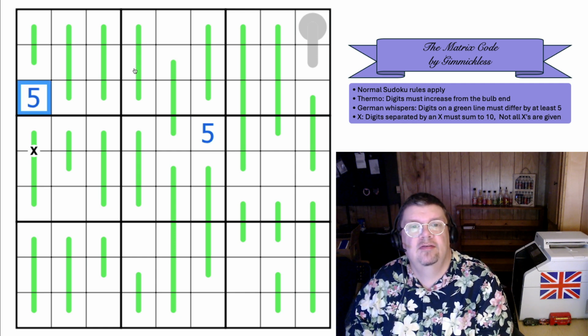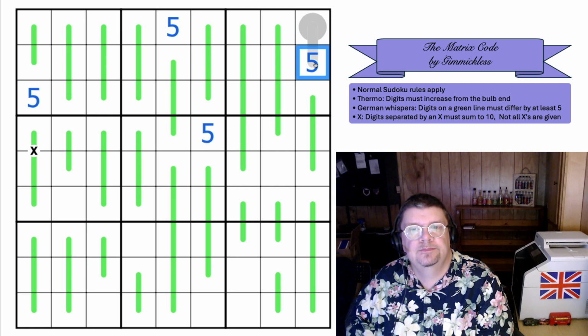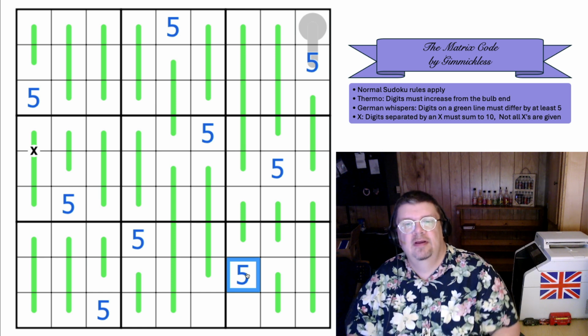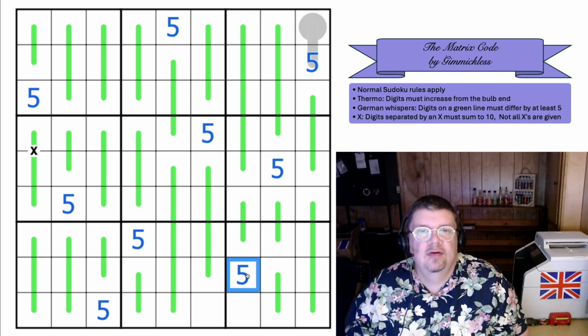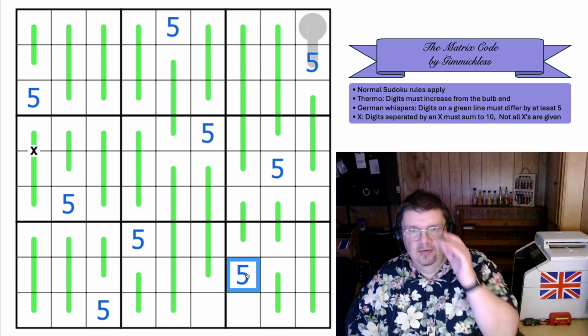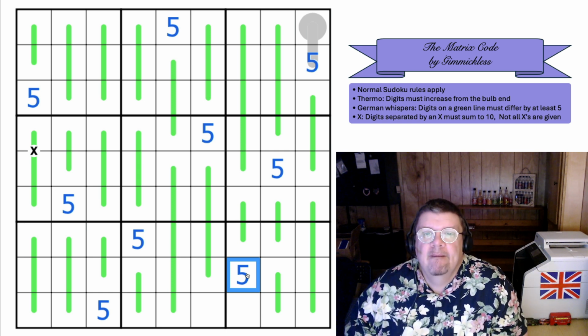In this box, that's a 5. That's a 5. In this box, that is now a 5. That's a 5. That's a 5. That's a 5. That's a 5. And that's a 5. Okay, well, we have all of our 5s placed, so that's nice.